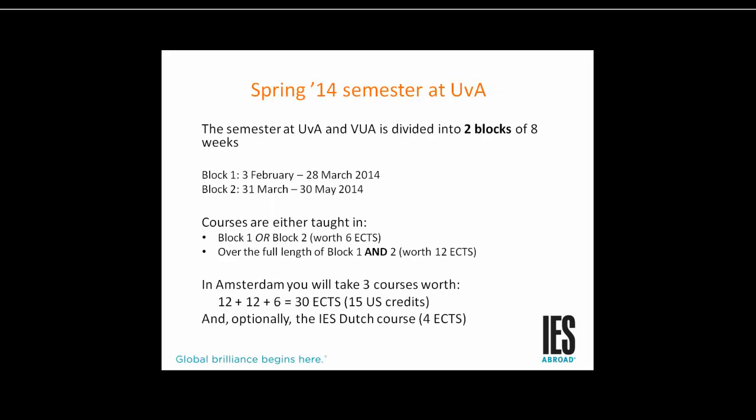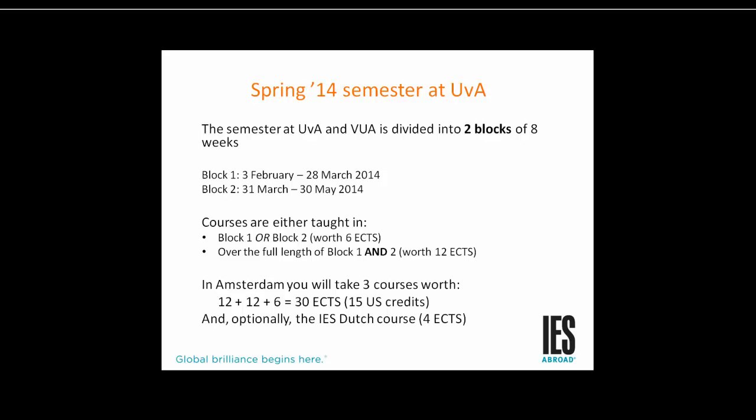The spring semester at the university is divided into 2 blocks of 8 weeks each. The semester will start on Monday the 3rd of February, and the first block will last until the end of March. And then there's a second block from the 31st of March till the 30th of May. It means that courses at the university are either taught in just block 1 or block 2, and those are all worth 6 ECTS, that's 3 US credits.